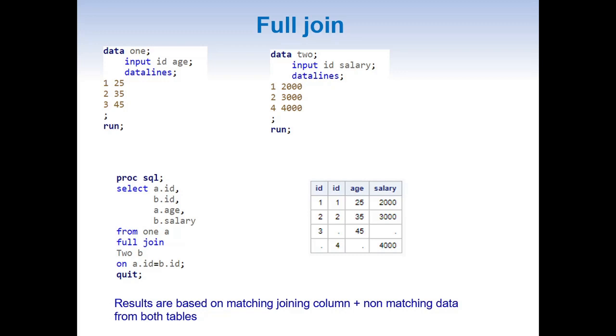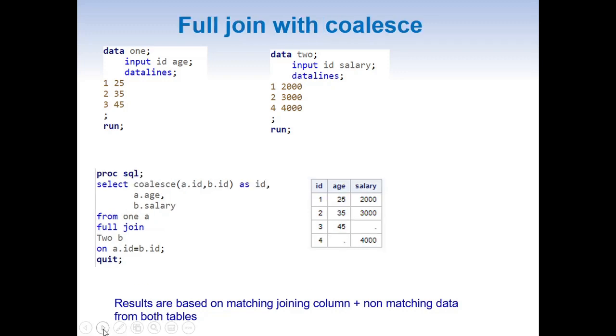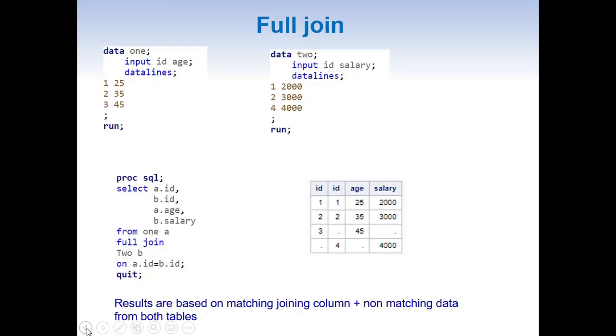Now, how can we make this look better? It is super simple. All we need to do is apply the coalesce function on a.id comma b.id, and then say as id. What the coalesce function does is it picks up the first non-missing value.